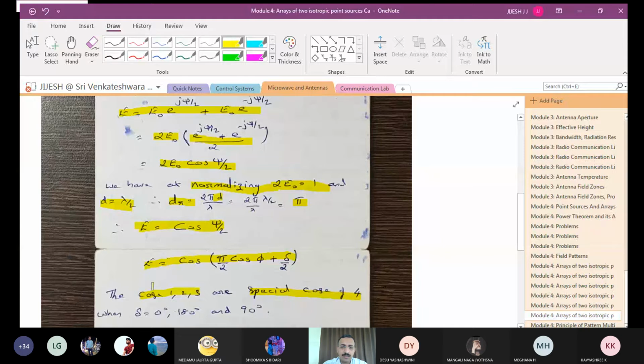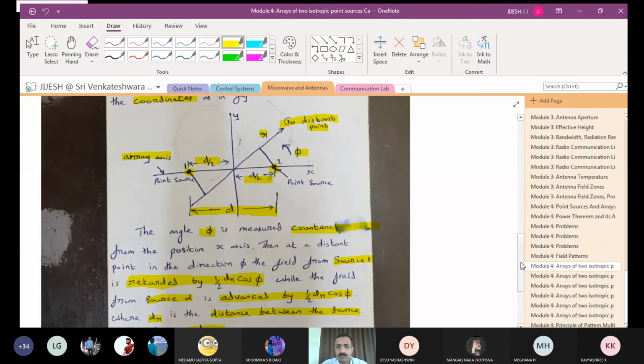So let me take the first value as delta is equal to 0. So it is any phase, so we can take any value of delta. Let me first take delta is equal to 0 and substitute in this equation. So my equation will get converted as E is equal to cos of pi by 2 cos phi.